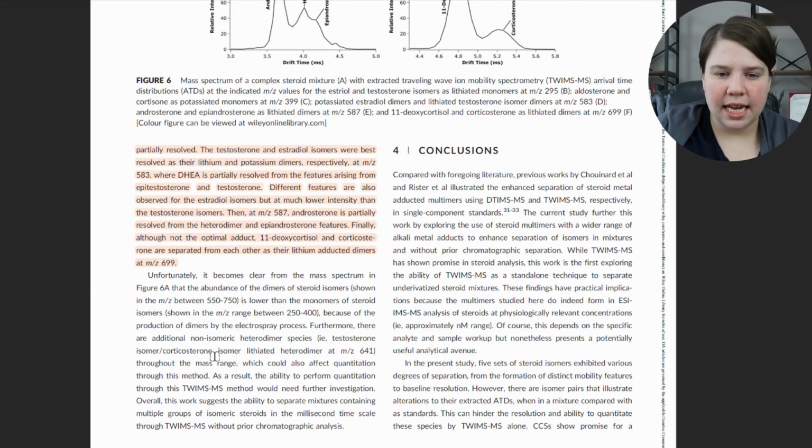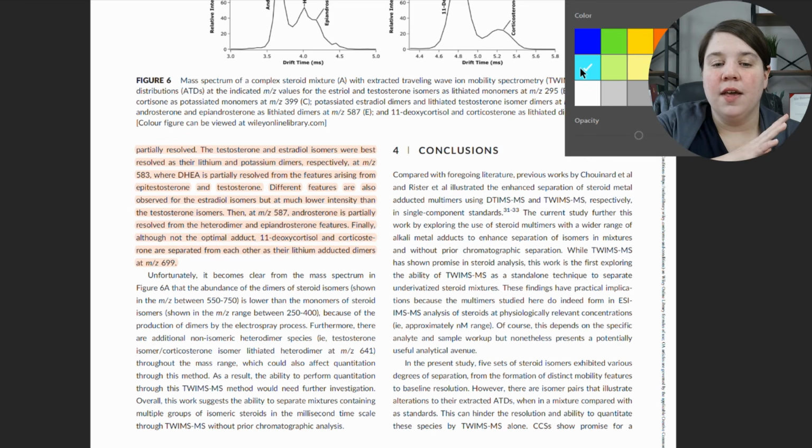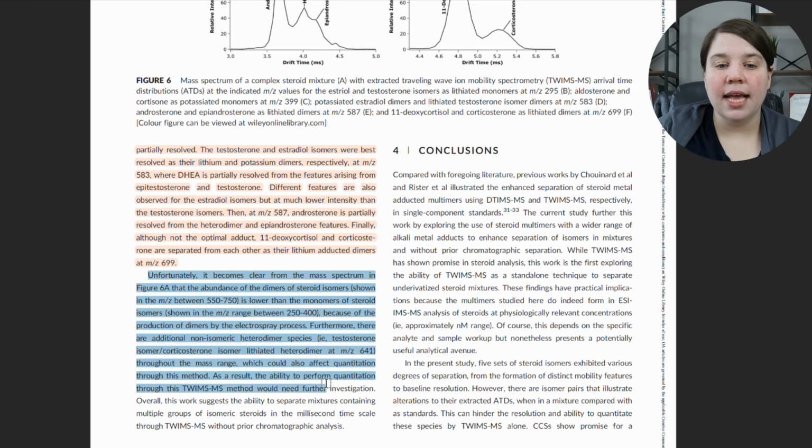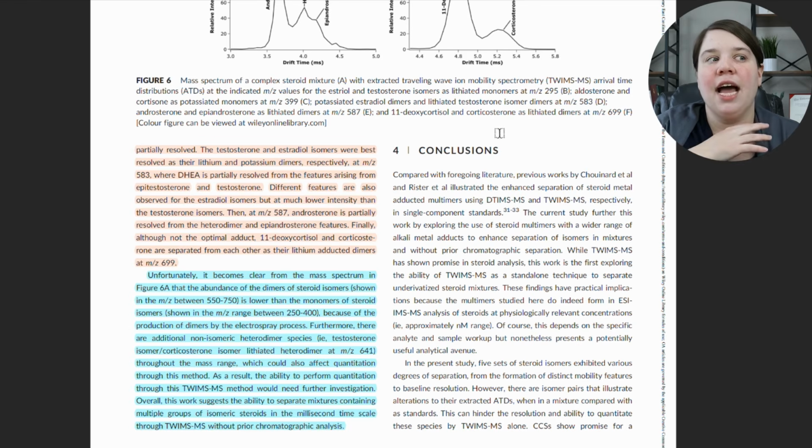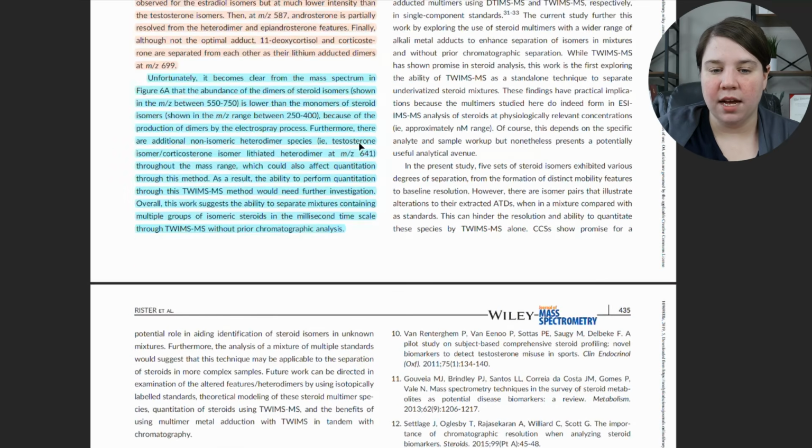And then I actually had a section dedicated to the discussion, right? Like, why is this happening and what are the impacts of this happening? But I'm also talking about the fact that there are mixtures of dimers going on here and that you may not get good quantitative analysis because of this.